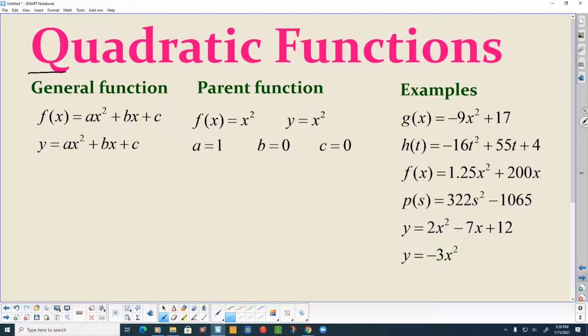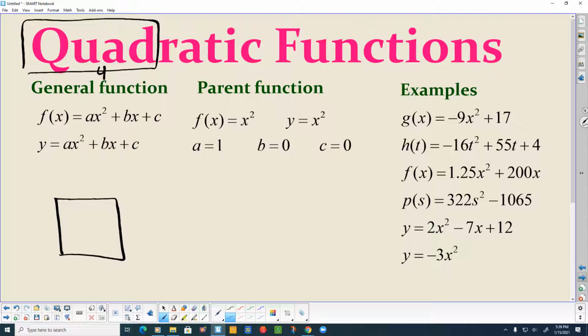Next equation, quadratic function. Quad means 4. Here's how I've figured it out: a 4-sided object is called a square, if it's a perfect 4-sided object.